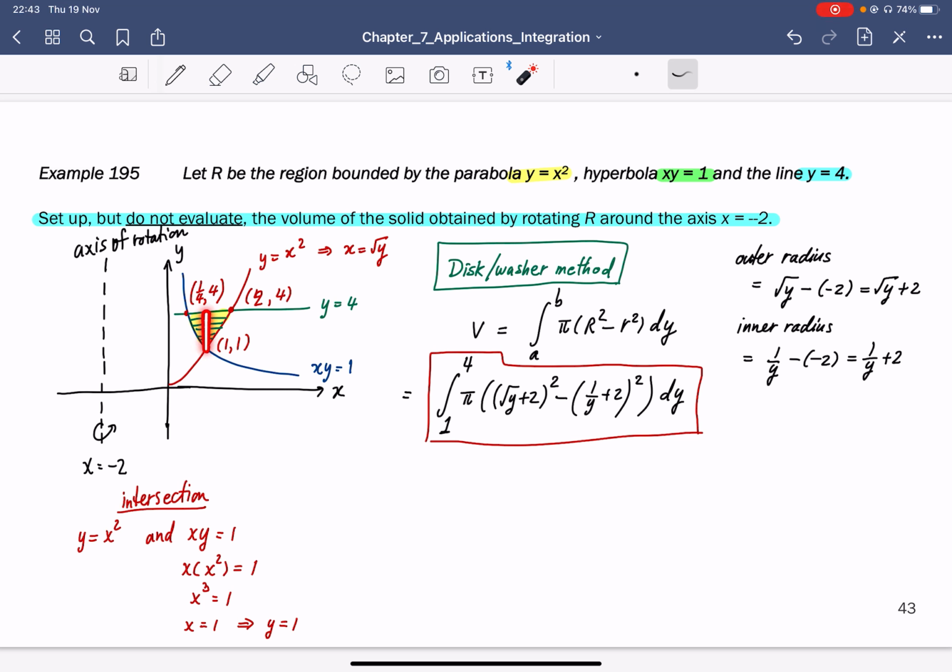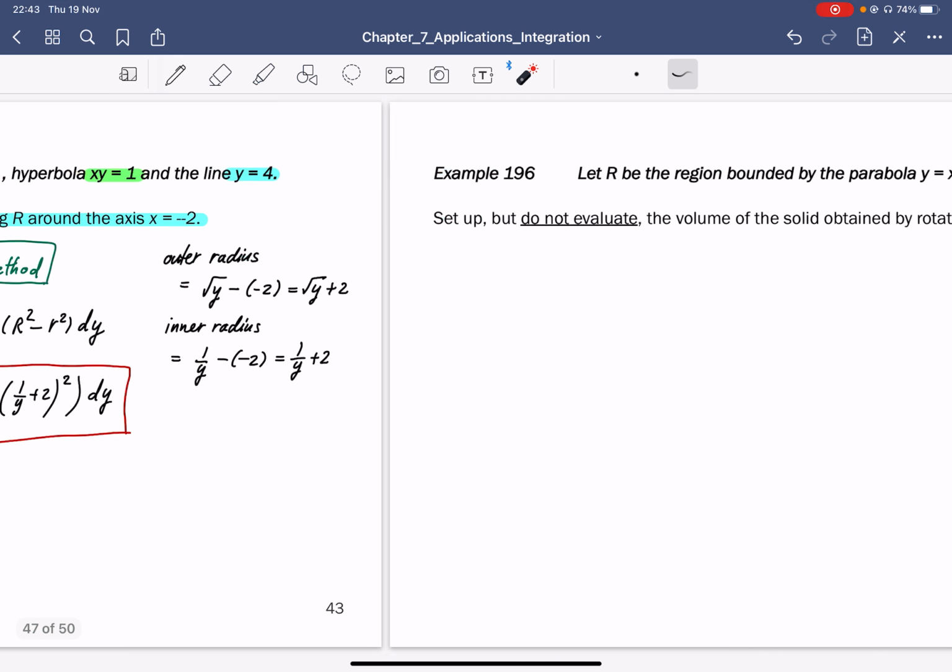On the left hand side from x equal to 1 over 4 to 1, you have to integrate from the blue curve to the green curve, and then after x equal to 1, you integrate from the red curve to the green curve, which means if you use the shell method, you're going to have the integral of two terms added together. Does it make sense? It is going to be a little bit harder because you have more complicated terms. All right, so we're going to move to the next one.